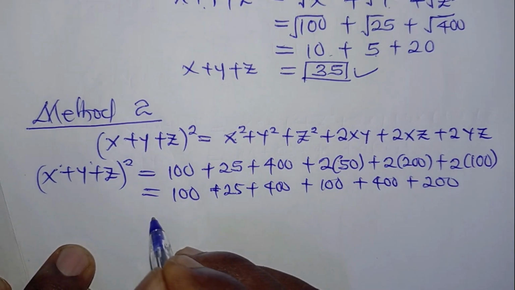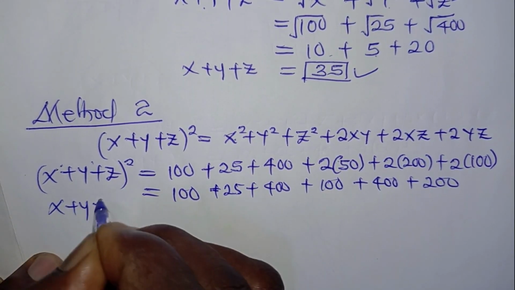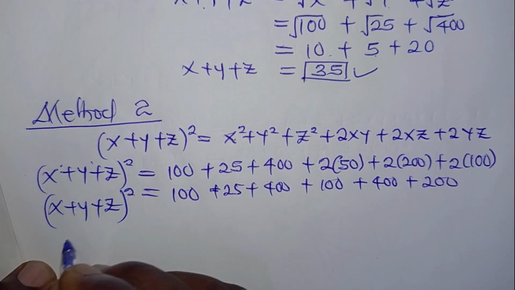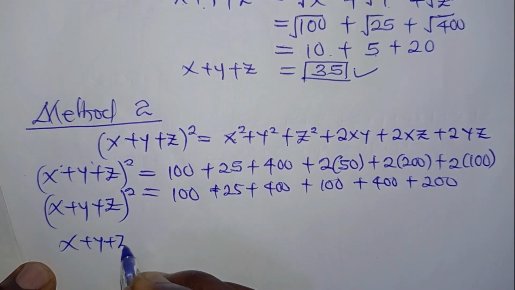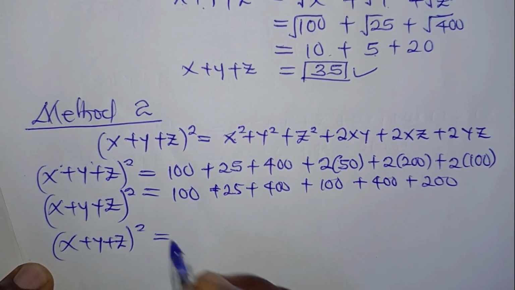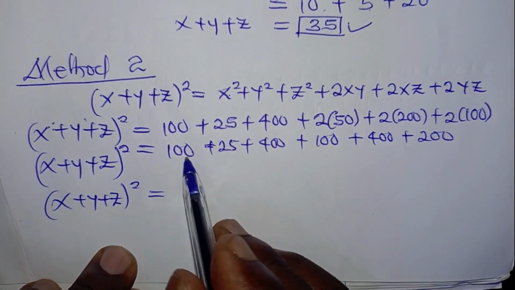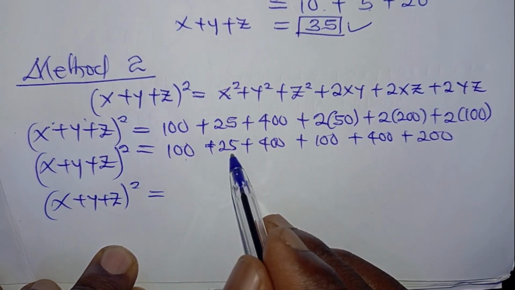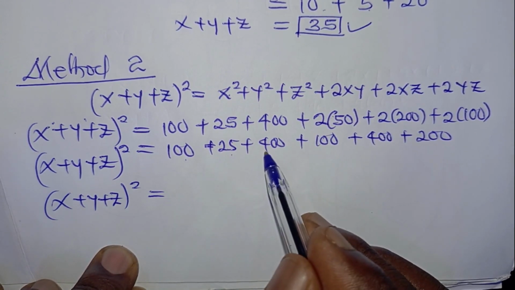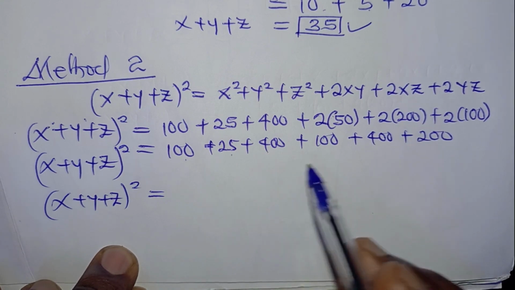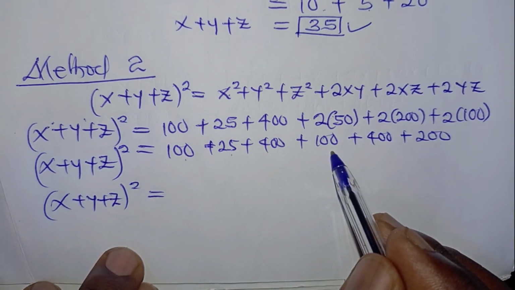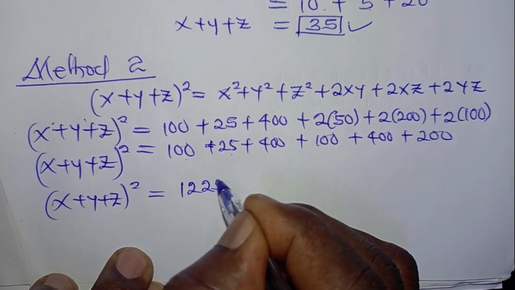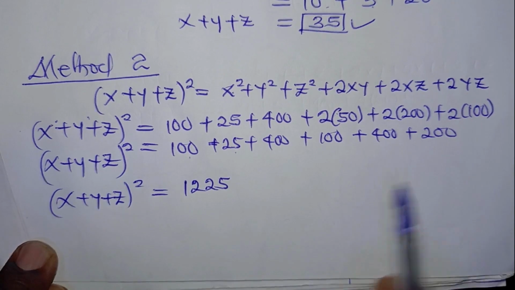So let's add this. x plus y plus z squared equals, let's get the sum of this. 100 plus 25 gives us 125, plus 400 gives us 525, and if you add all this, we have 1225.